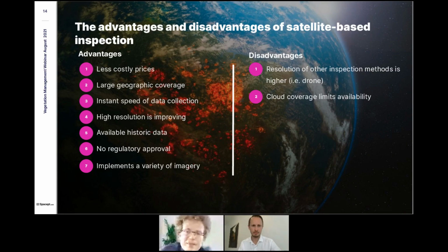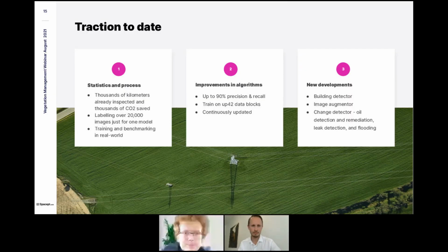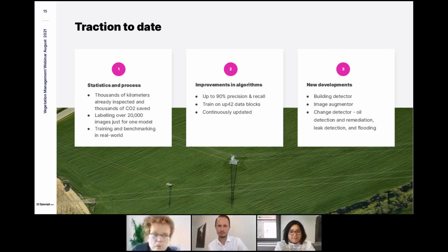This brings me to a quick overview of the traction we've achieved to date, both in terms of technology and in terms of business. This is also a very nice conclusion and overview to the presentation. So together with Stair Blue and ARP42, we've inspected a couple thousand kilometers to date.